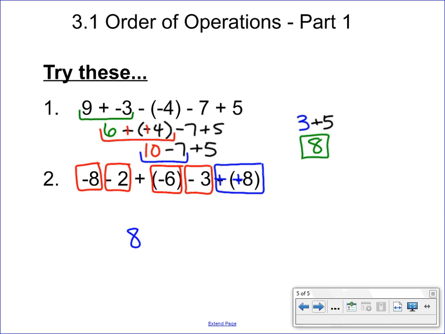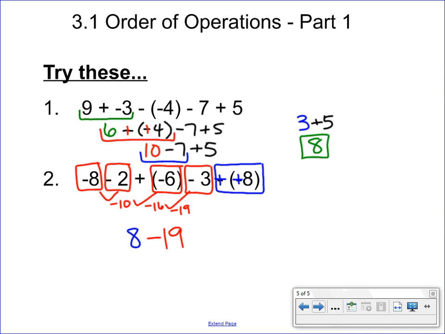So I've got a positive 8. And then if I look at my negatives, a negative 8 and a negative 2, so 8 bad guys and 2 more bad guys gives me 10 bad guys. 10 bad guys with 6 more bad guys gives me 16 bad guys. 16 bad guys with 3 more bad guys gives me 19 bad guys.